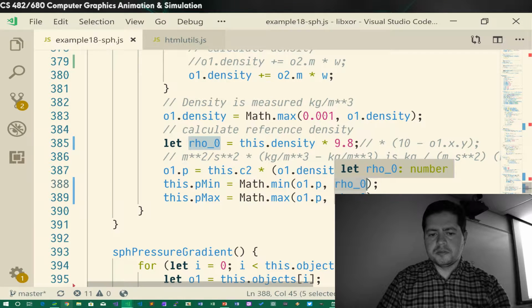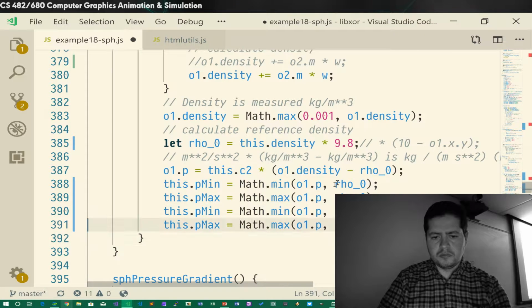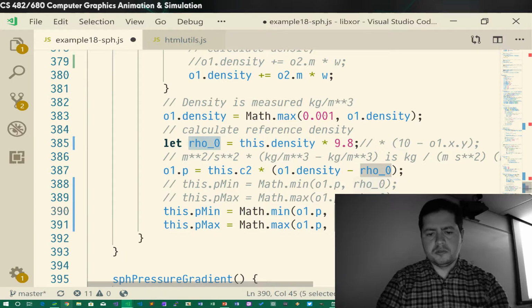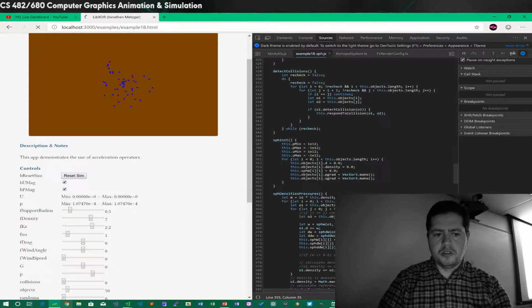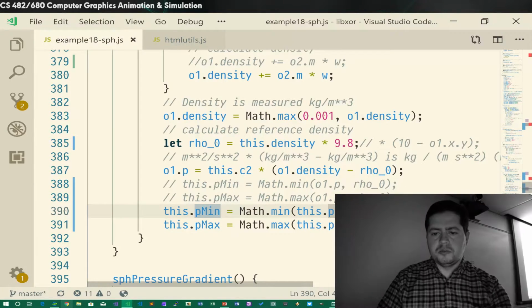Maximum of, okay, we're just calculating that wrong. I don't remember what I had before. We should be, okay. That makes sense, I think I overwrote this.